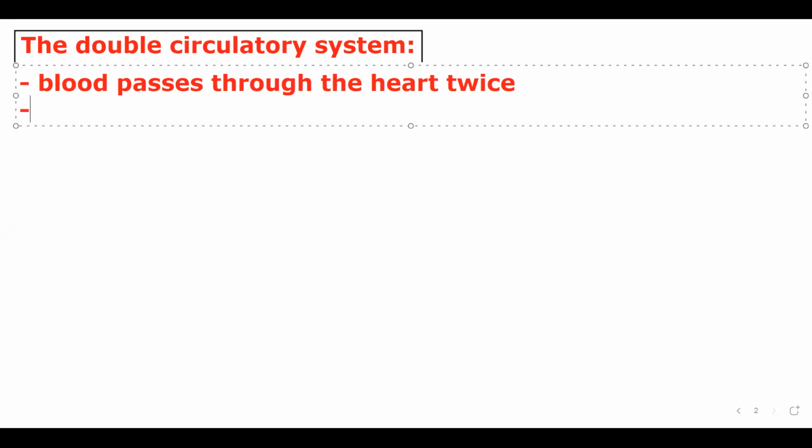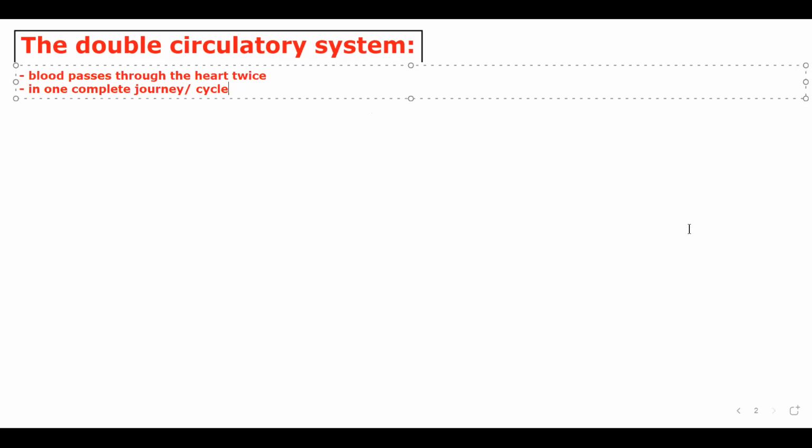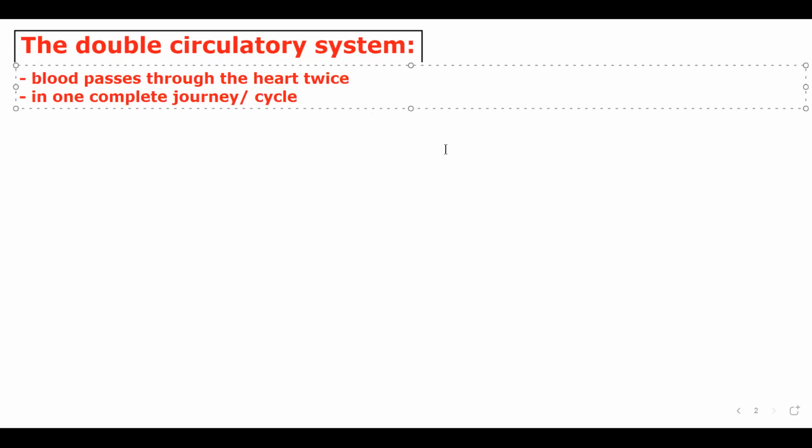And we must complete this definition with: in one complete journey or cycle. What does it mean? Now let's understand what the double circulatory system explains to us.